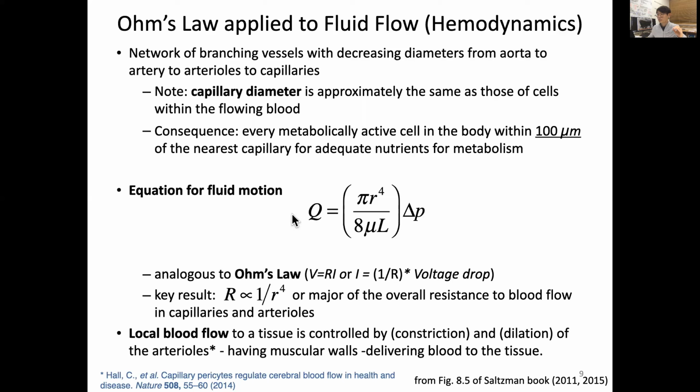For the same flow, you need to increase the pressure difference by 16 times. So this is much harder. The flow is quite sensitive to the resistance, and resistance is sensitive to the radius.